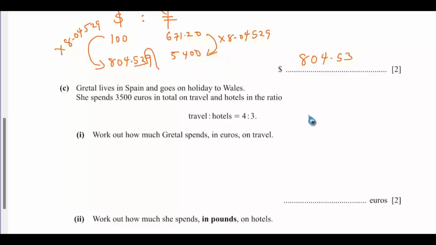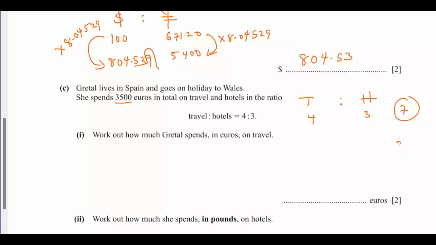Let T represent travel and H represent hotels. So we have 4:3 and the total ratio is 7. What we need to do is to check how many lots of 7 are in 3,500.